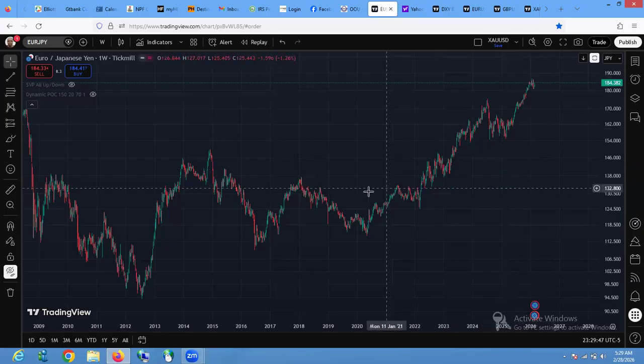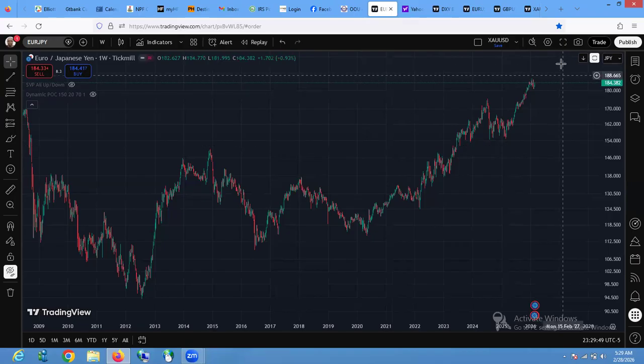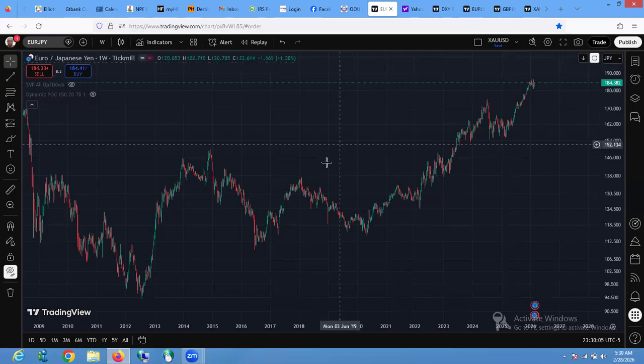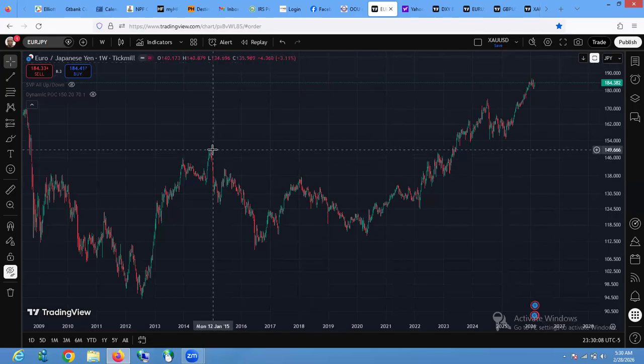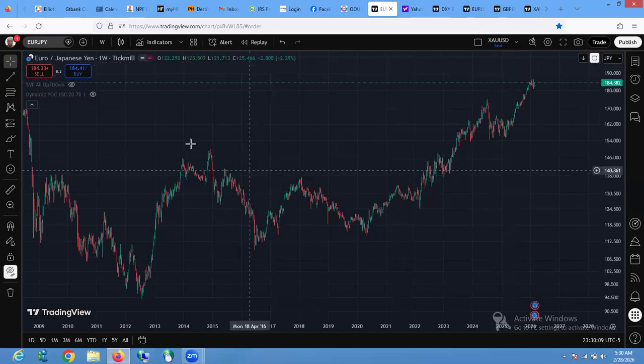Then the price will go up the last time to finish wave 5 of C as a 1, 2, 3, 4, 5. It is that wave 5 that will determine if the price is going to be more impulsive to go beyond A, B, C and turn this into 1, 2, 3.